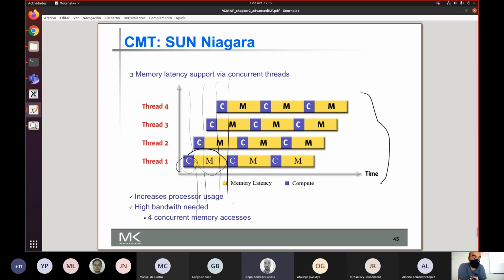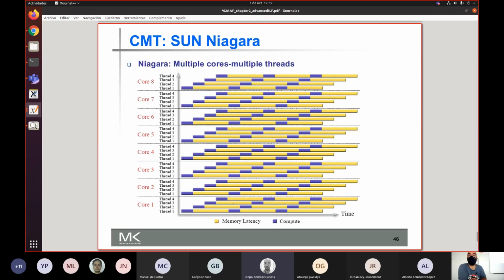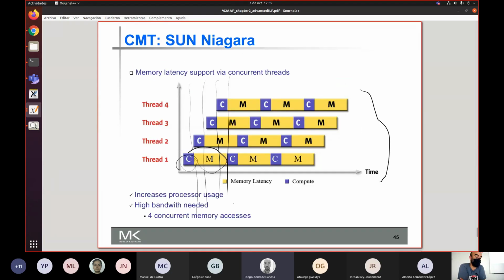But in this slide, what they are trying to show is that if you divide this vertically, the CPU is always computing. The core is always computing something from one thread or another, and it is very effective at hiding the memory latencies.